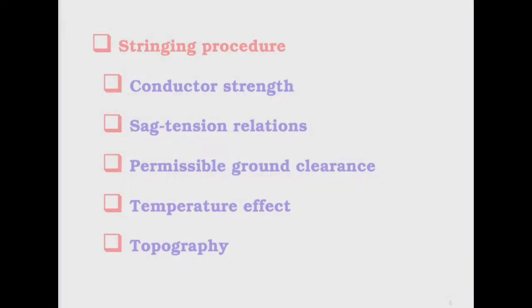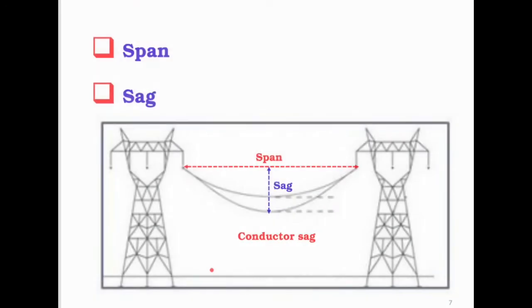And also the next one is the topography. Like we mentioned, if the land was not plain, then this tower needs to be higher. And if that happens, the lowest point of the conductor is not going to be the middle point of the span. That is also very common in many, many places, including South Africa.